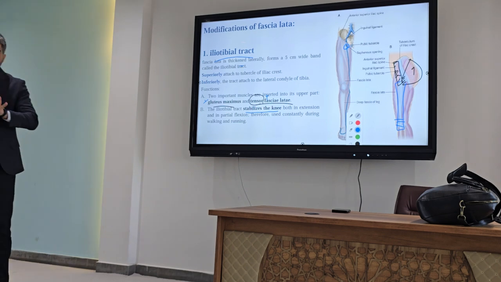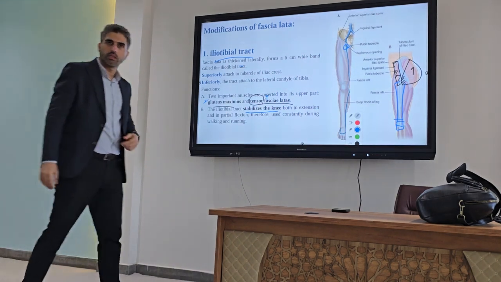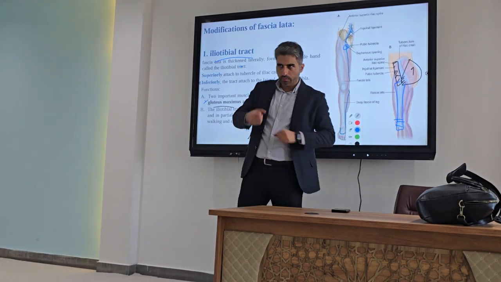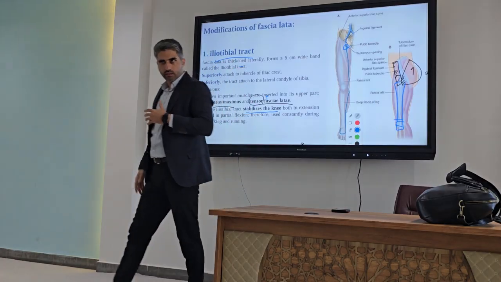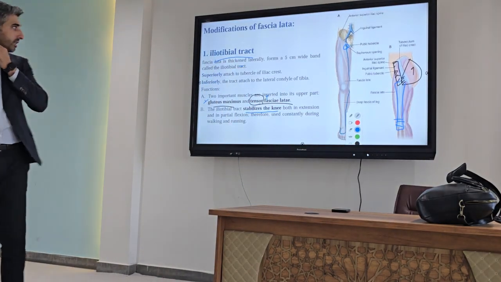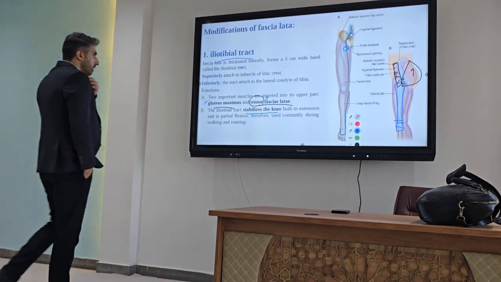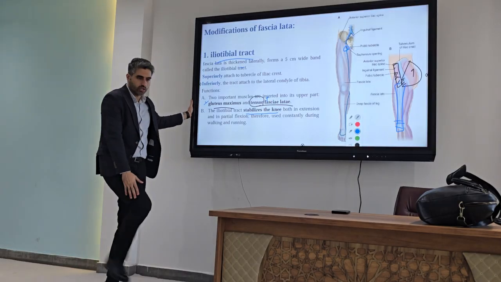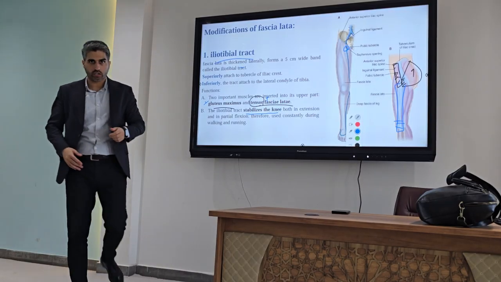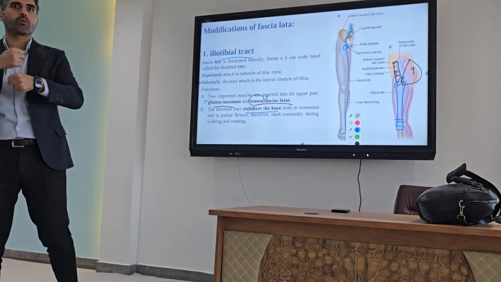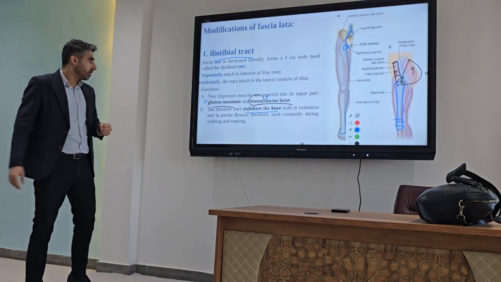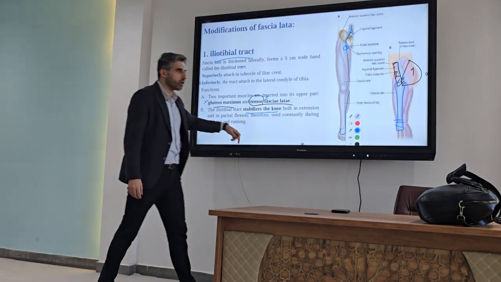What do you say in Arabic for stable? Make it stable, fix. Stabilize the knee joint. During extension and flexion, when you walk, this tract constantly protects the knee joint during walking and running.